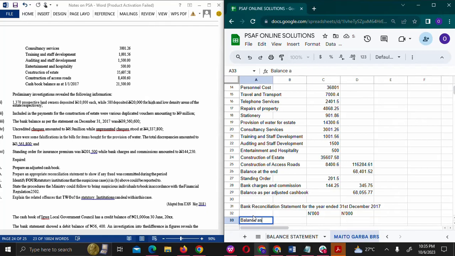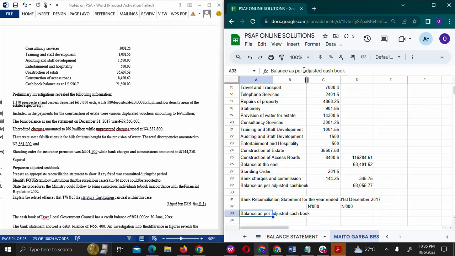So you have balance as per adjusted cash book. How much is it? Figure it, please. 68,055.77.